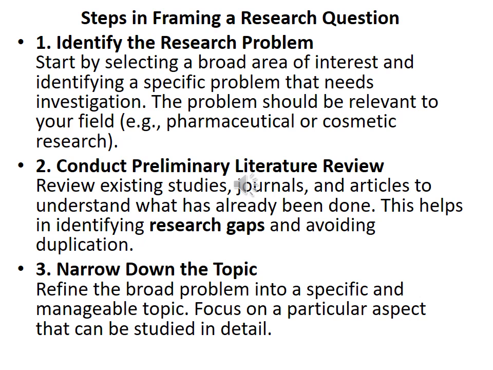Then after that he may narrow down the topic. For example, once this researcher goes through different studies which have already been conducted in the area of treatment of neurodegenerative disease, he may narrow down his research.